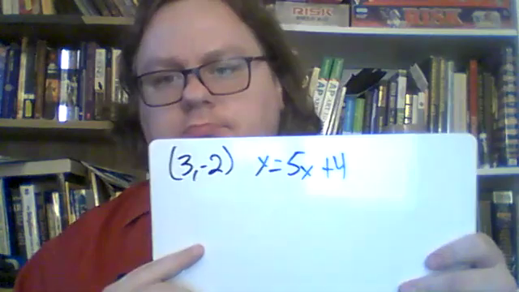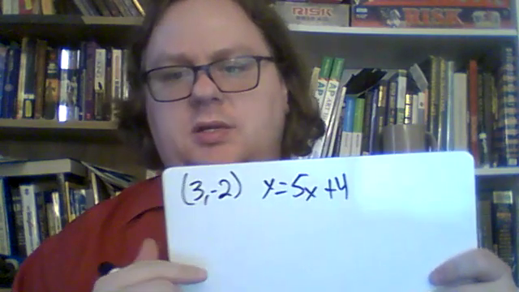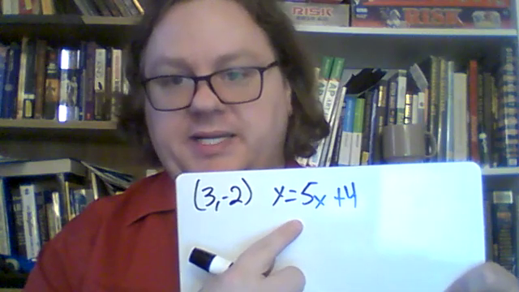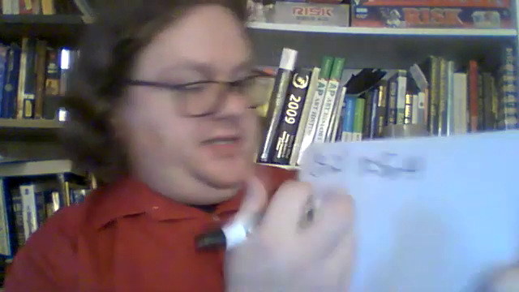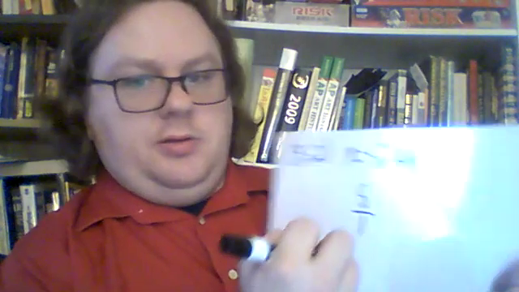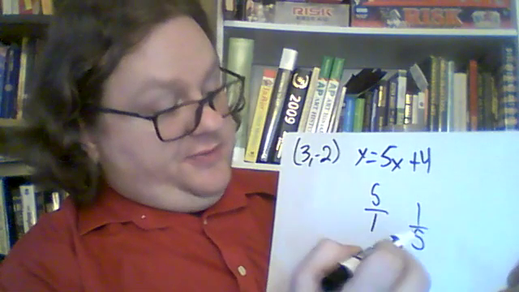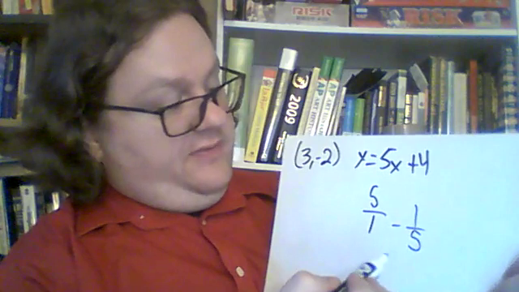Example number 4. A line passes through 3, negative 2, and is perpendicular to the equation y equals 5x plus 4. Okay. If it's perpendicular, that means we need the negative reciprocal, like what I was talking about at the beginning of the video. So 5 is equivalent to 5 over 1, which means the reciprocal is 1 over 5, and the negative reciprocal is negative 1 over 5.